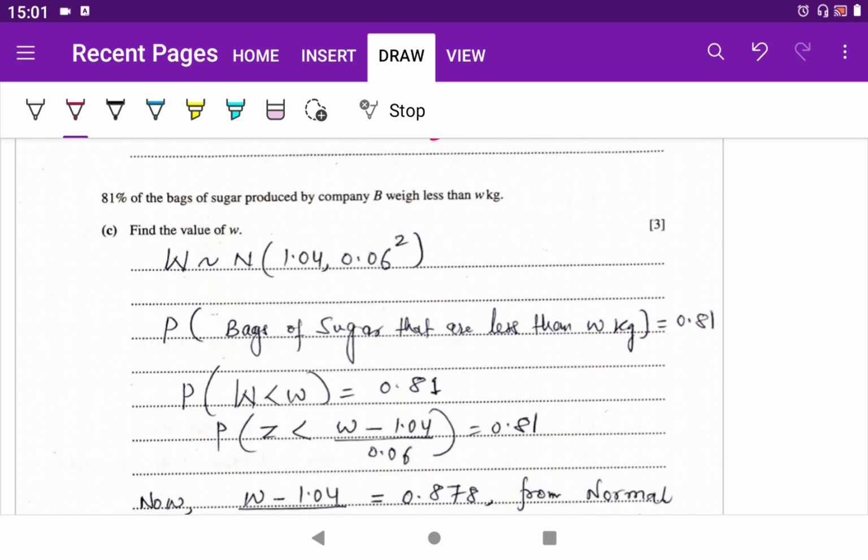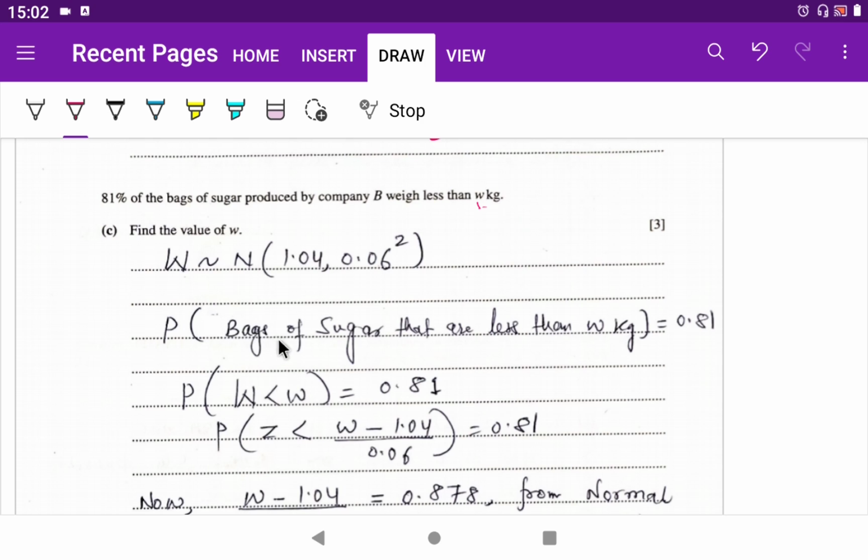Now 81% of bags of sugar produced by company B weigh less than w kg. Find the value of w. So W is a representation of weight in kg. These symbols are different, this is capital and this is smaller. W follows N(1.04, 0.06 squared).